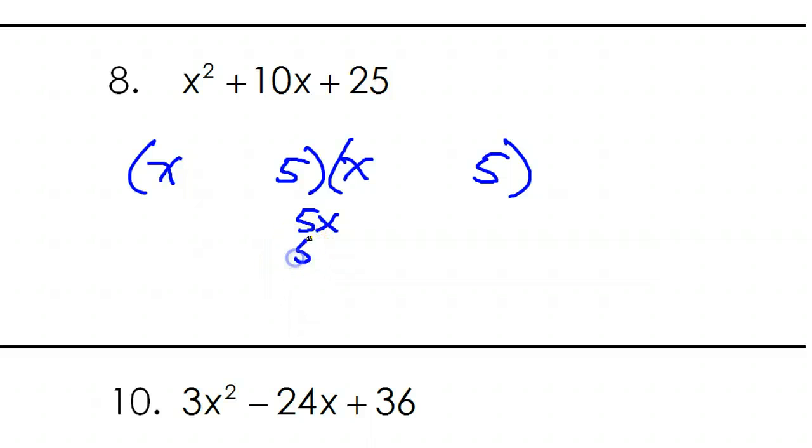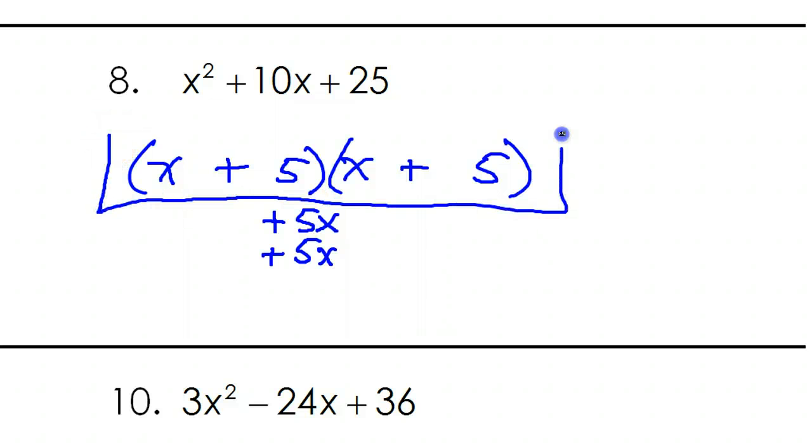Outer, we have 5x. Together, we need it to make positive 10. The inner plus the outer equals the middle. Well, that will happen if both of these are positive, which would make both of these positive. Does that give me a positive 25? Yes, sir. Positive times a positive is a positive. So this is the answer for number 8.